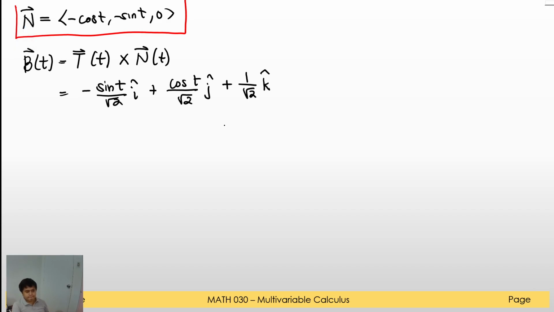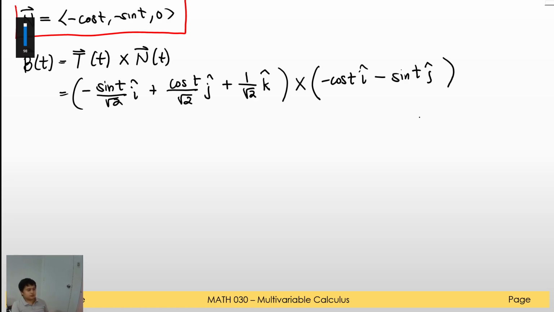And then this is cross multiplied by the normal vector that is negative cos t i hat, and then negative sine t j hat, and then we have 0 for k. So basically this is 0.